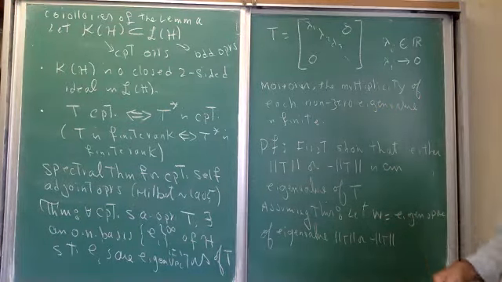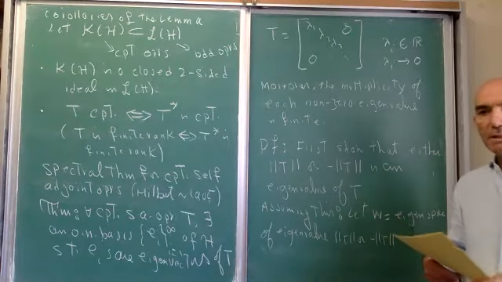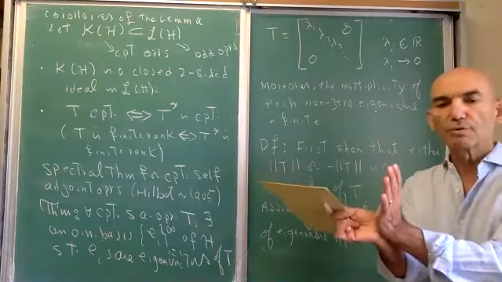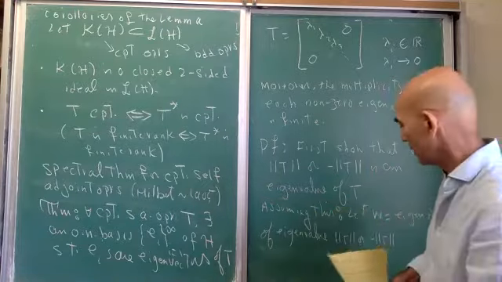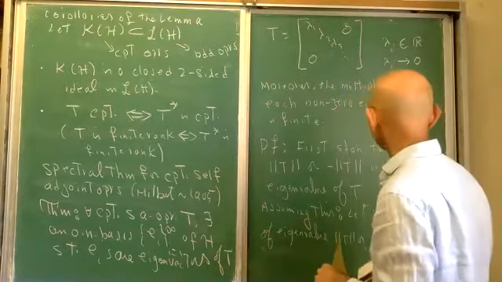Then, because the operator is self-adjoint and this space is finite dimensional, you can decompose the space into an orthogonal direct sum of two subspaces.